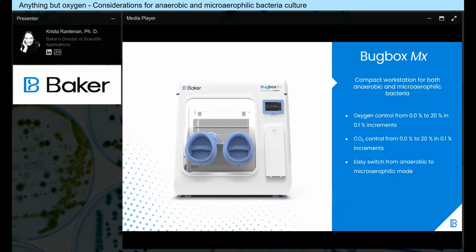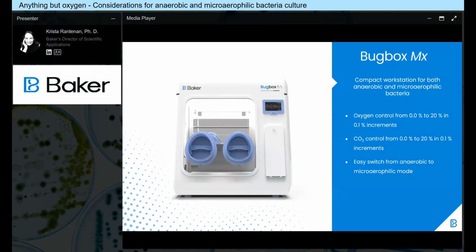This has the best flexibility for research labs, when you want to work occasionally with microaerophilic bacteria, occasionally with anaerobic, or if you want to do co-cultures with human cells and bacteria. Here, both the oxygen and the CO2 levels can be controlled independently, and the user can set any desired set points between the range shown here on the slide.